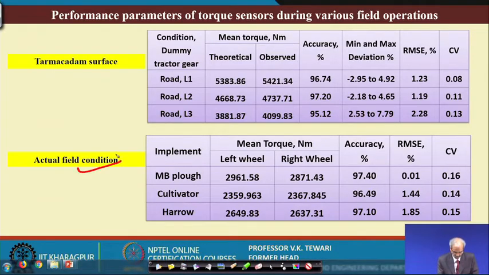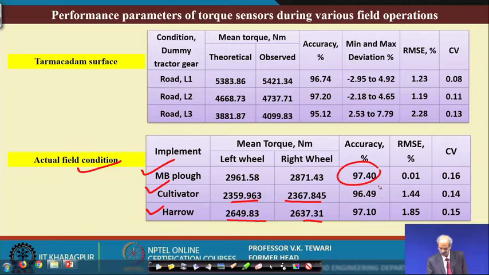In the actual field condition here, we had the implements moldboard plow, cultivator and harrow, and then the mean torque, left hand wheel and right hand wheel. You can see the difference between the left hand and right hand wheel and the coefficient of variation. So, we do not find much difference, and the accuracy level is so high. You can see that we are in a position to measure this with the cultivator, with the harrow.